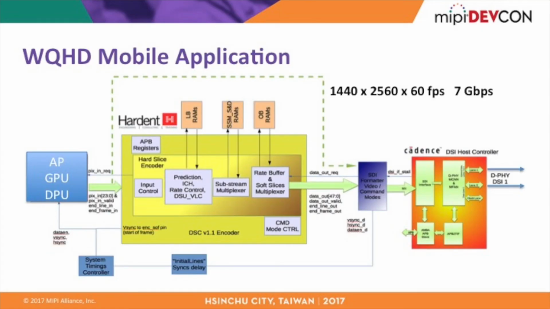So what we started working on at Hardent is to integrate our IP with various transport technology for various applications. So as an example, we have our DSC encoder technology interconnected to a Cadence MIPI DSI controller. So for example, for a QHD application, which is 7 gigabit of data per second, a single stream, single slice would do well.